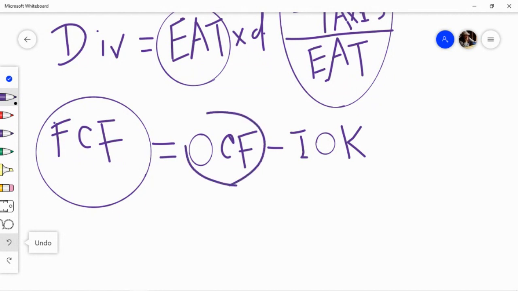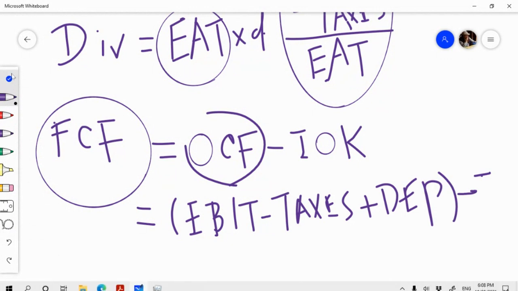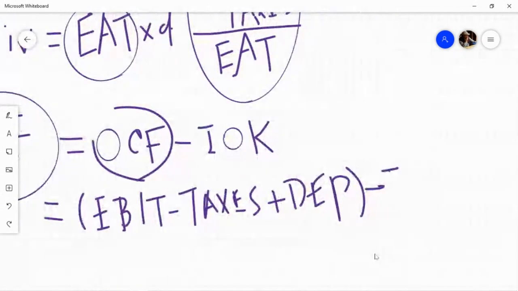Where our operating cash flow is EBIT minus taxes plus depreciation. So think about it. And then from that, we'll have to subtract investment in operating capital, right?